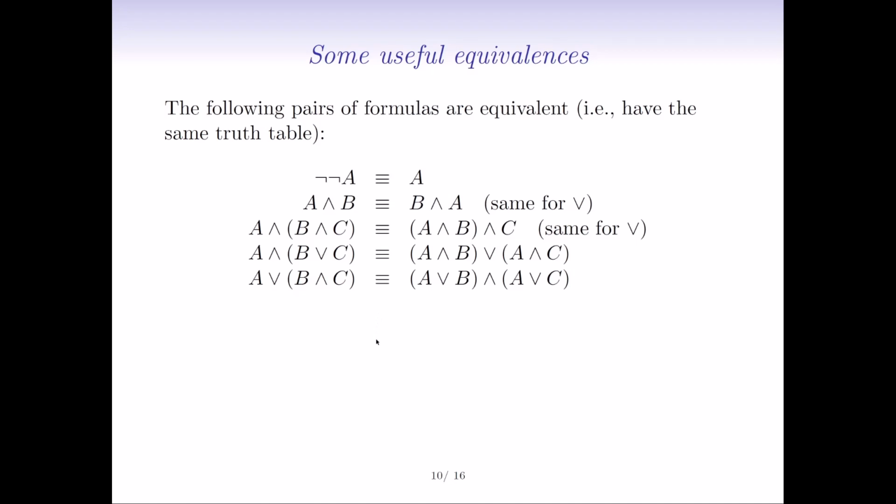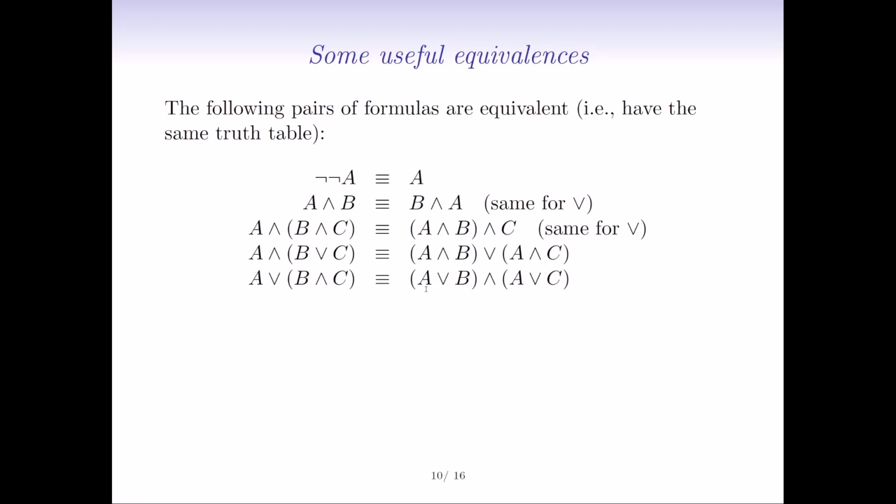Oh, sorry. We actually have a similar law the other way around. If we have A or (B and C), then it's definitely true to say that we have (A or B) and (A or C). In the case that we have A, we have A or B, and we have A or C, so we definitely have their conjunction.